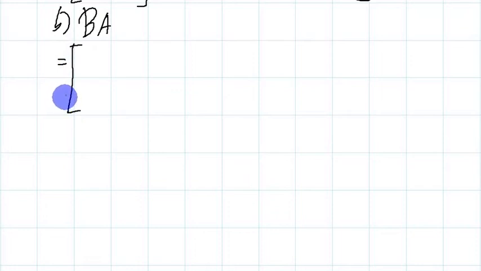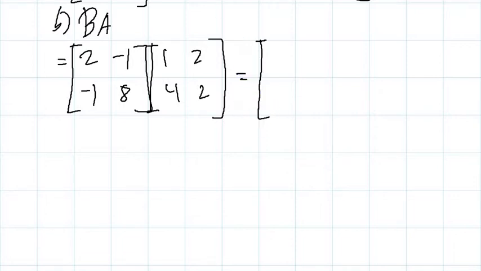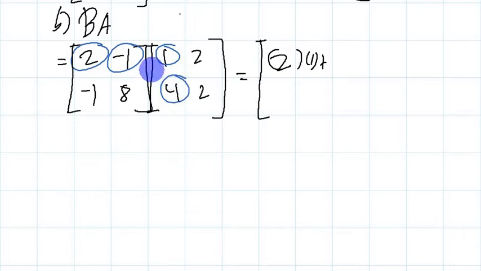So first, let's have matrix B, 2, negative 1, negative 1, 8, multiply 2, 1, 2, 4, and 2. Following the same pattern that we just did, first we multiply 2 and 1. So that would be 2 times 1. Add that to the product of negative 1 and 4. So we'll have negative 1 times 4.